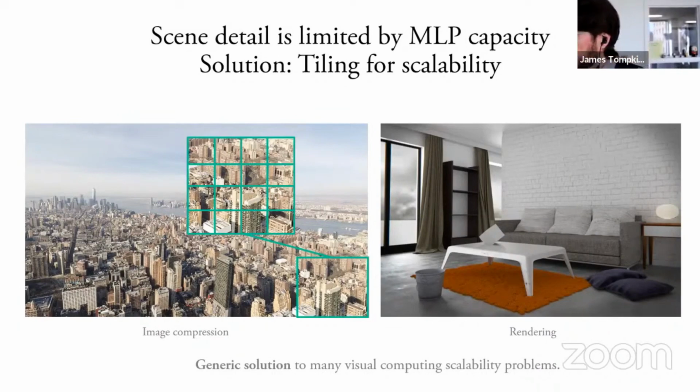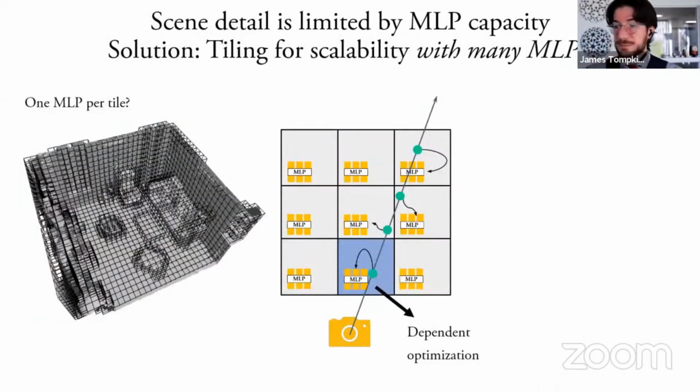Suppose I tile my scene, and then I say, for every tile, I'm going to have an MLP that represents what is in that particular block. Well, it's a bit more complicated than that. We just looked at how we integrate samples from across the field or across the volume to produce a particular pixel color on the camera. These are the greenish points in the ray here.